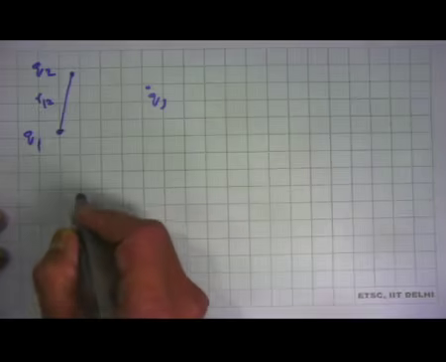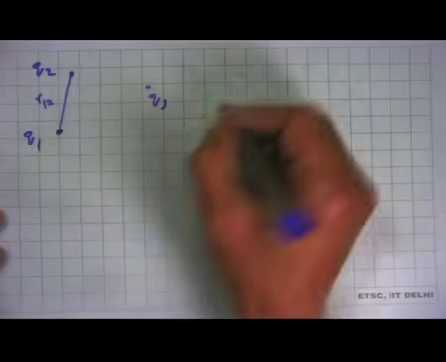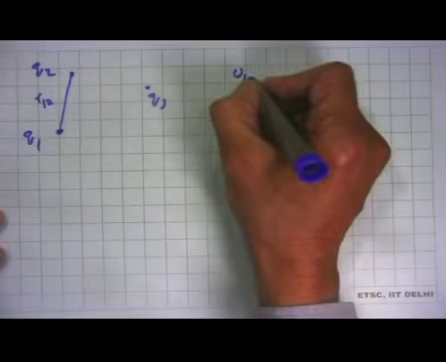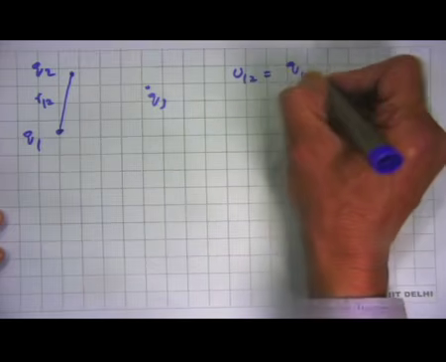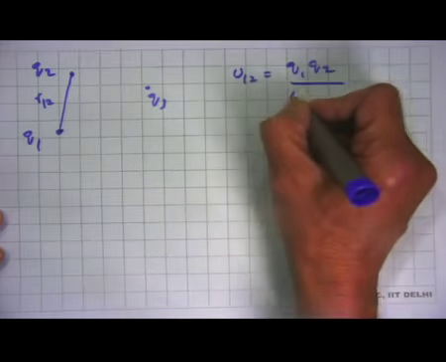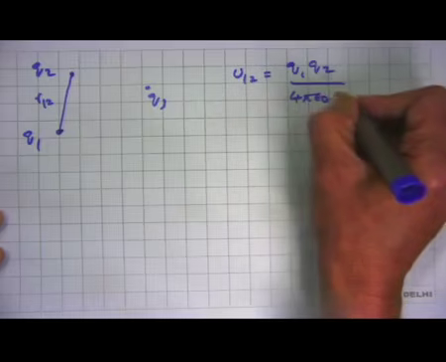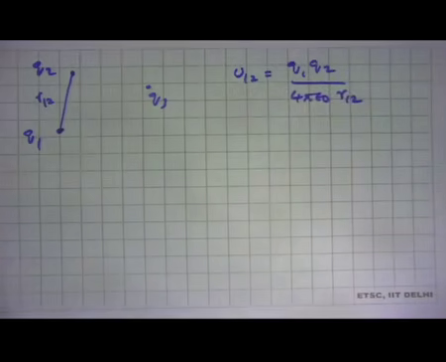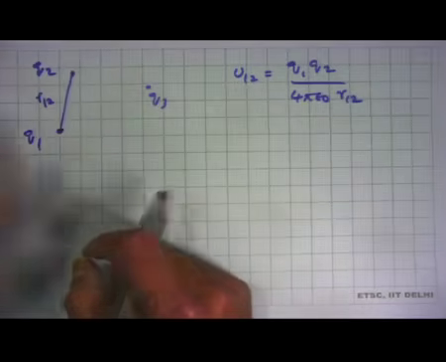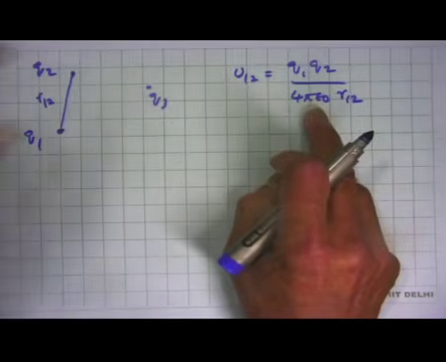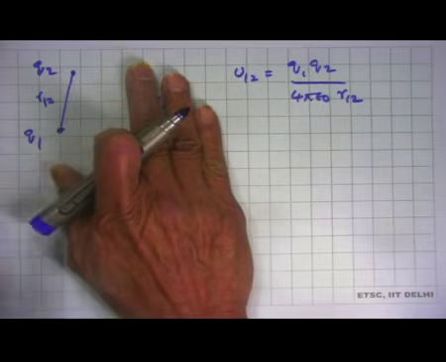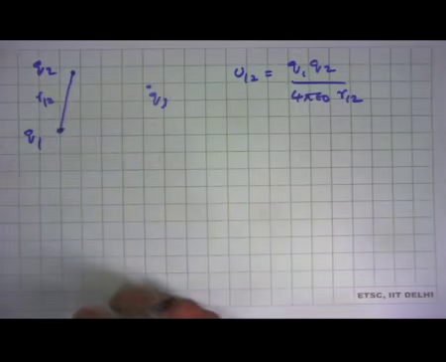What is the potential energy between q1 and q2? Let me call this u12, which is equal to q1 q2 by 4 pi epsilon 0 r12. It is the product of the two charges divided by 4 pi epsilon 0 into the separation between them, and that is the potential energy of the q1 q2 pair of charges.